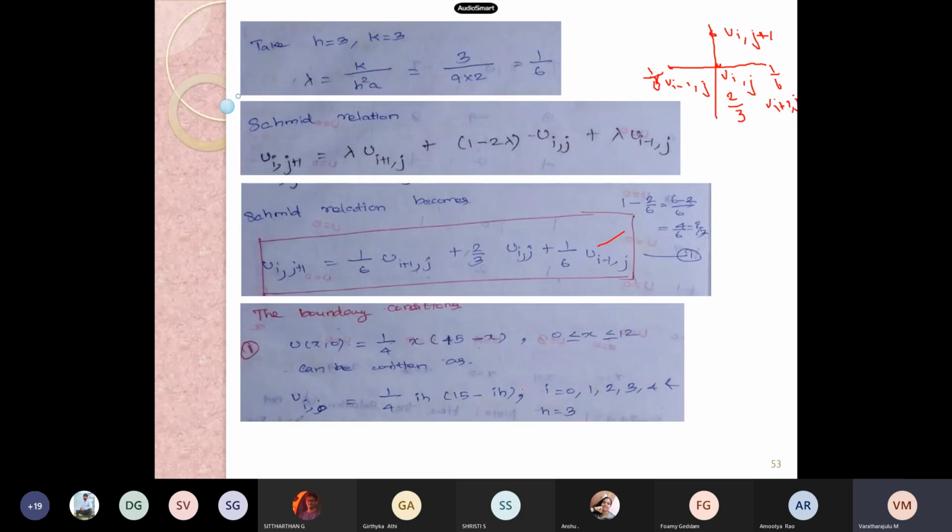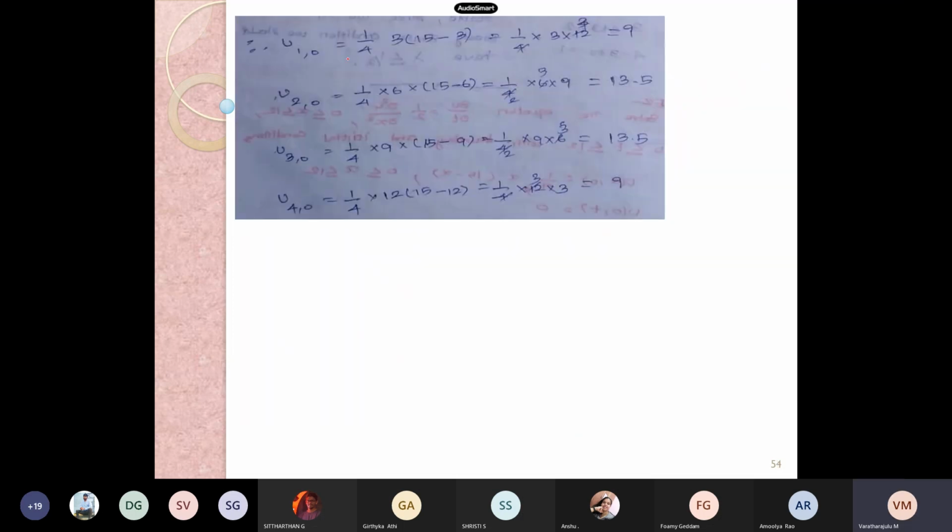Here, the first boundary condition is u(x, 0) equals 1 by 4 of x into (15 minus x), where x varies from 0 to 12, and we decided h and k as 3. So instead of x, I have written u(i, 0) equals 1 by 4 of ih into (15 minus ih). We considered h as 3, and i has to vary from 0, 1, 2, 3 and 4.